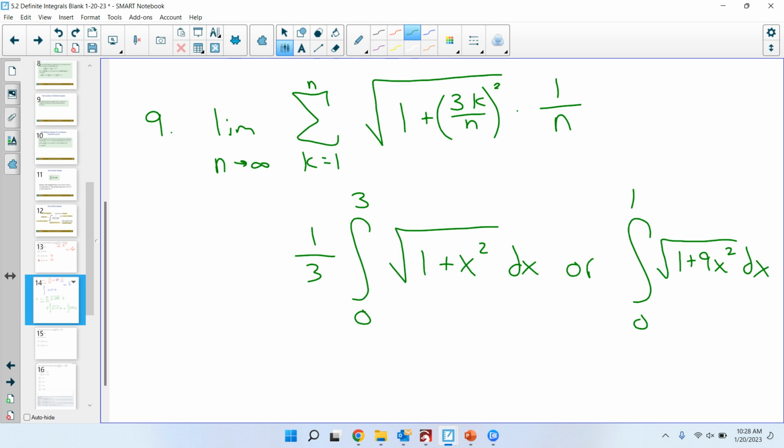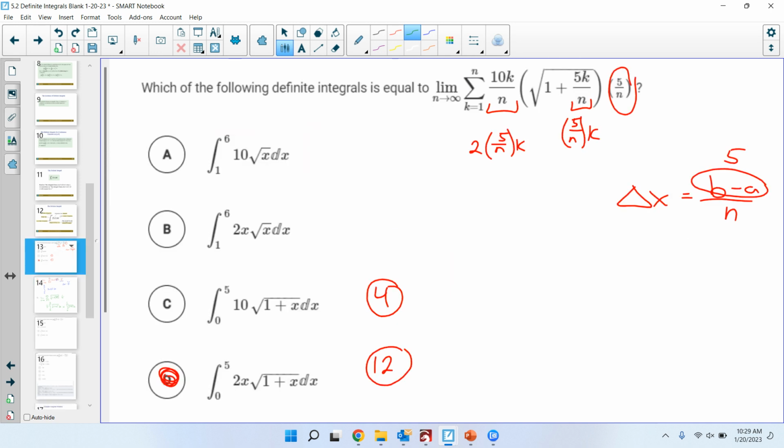All right, let's talk about it. I think the second one's easier to come up with. Would you agree? If your b minus a is 1, it makes sense 0 to 1 is your bounds. And then if 1 is your b minus a, then each k over n, like here we had 5 over n times k, the 5 over n's times k turned into x's.